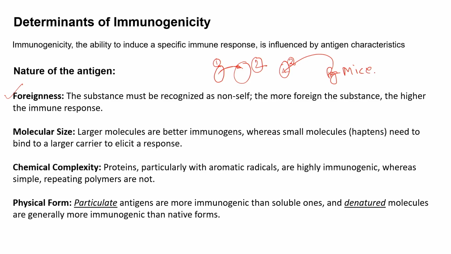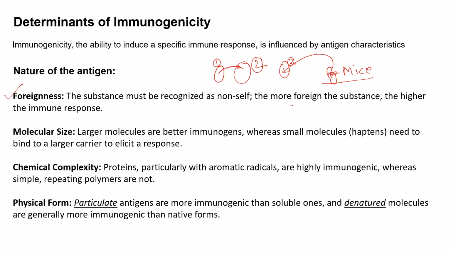These are more distant than human, and therefore foreignness can be defined by how far the evolutionary distance is. So foreignness is what decides the immunogenicity or the nature of the antigen. The more the foreignness, the higher the immune response. That is the baseline.